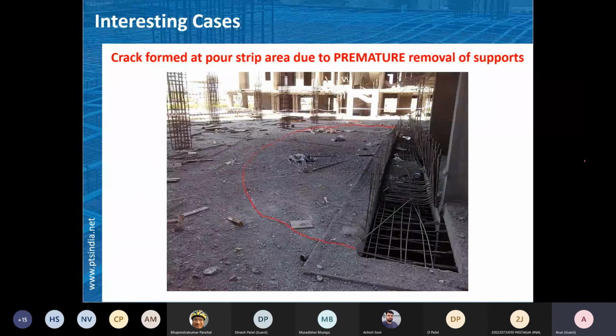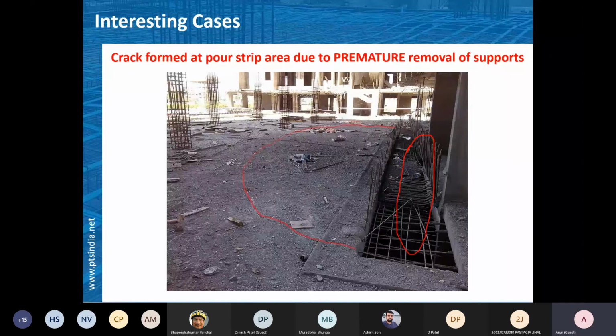So here actually this is a pour strip, need to be cast afterwards, after stressing of the cable, everything is done, then this need to be poured, and after casting this, after having a strength gain in this pour strip, then and then the shuttering or reshoring or shoring or supports below this floor need to be removed.